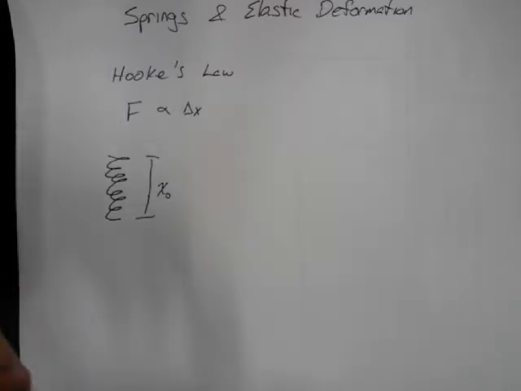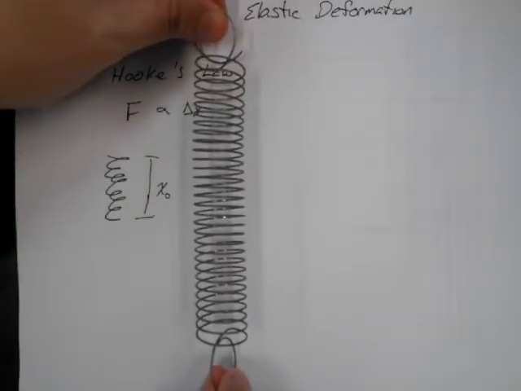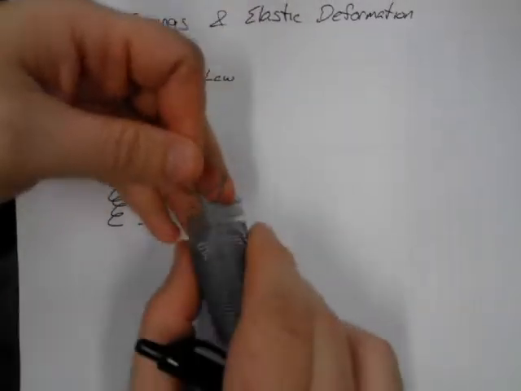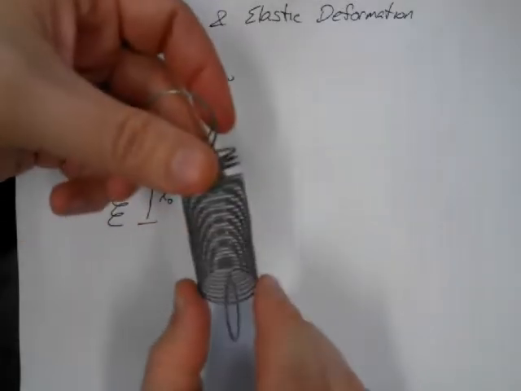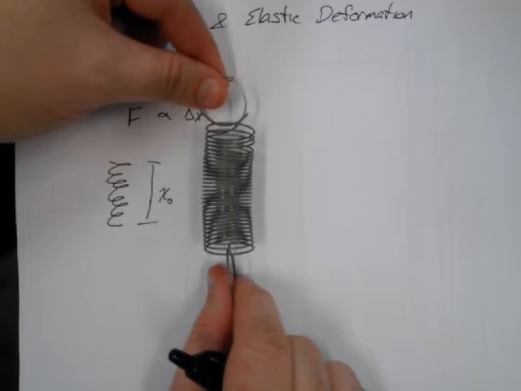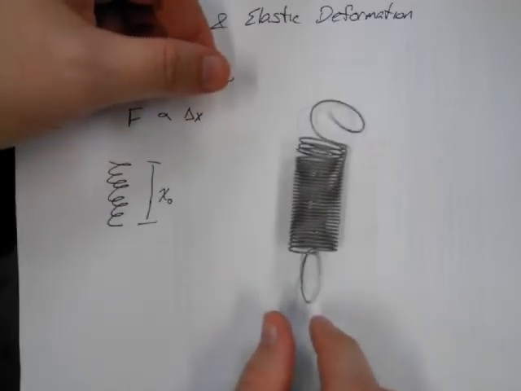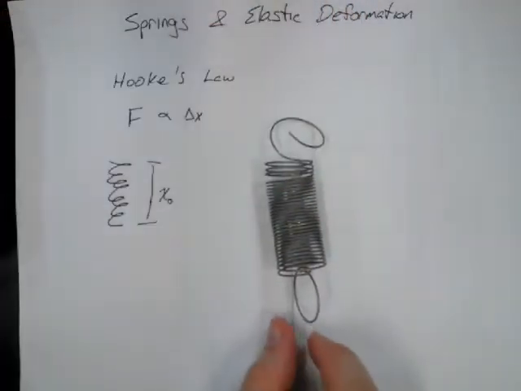All right, there's a coil spring. So if we stretch it, you see the coil spread out. And in principle, we could stretch just half of it. And we can talk a little bit about what we mean when we stretch different parts of the spring. But if we stretch it, what happens?